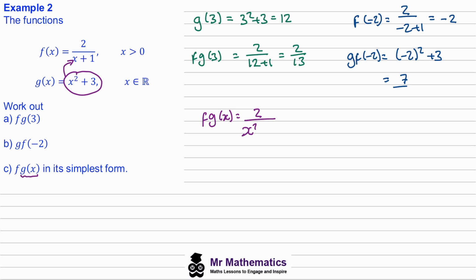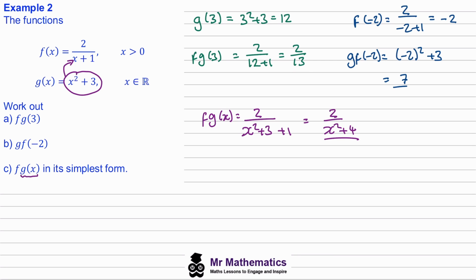So x squared plus 3 plus the 1. And this will give us 2 over x squared plus 4. Okay? And then we can use this to check our answer to part A. If we substitute in 3, we get 2 over 9 plus 4, so 2/13. Okay?